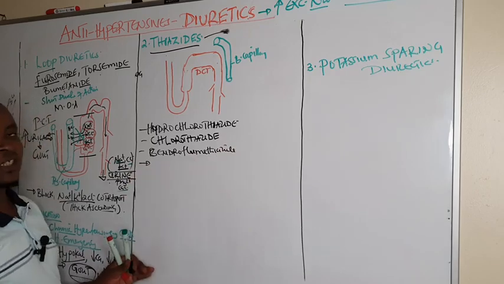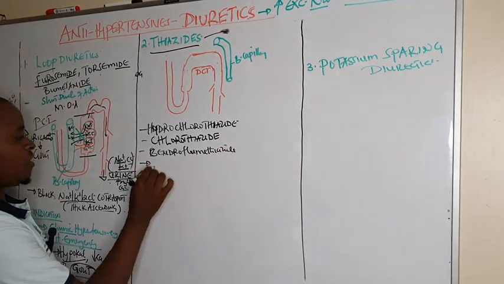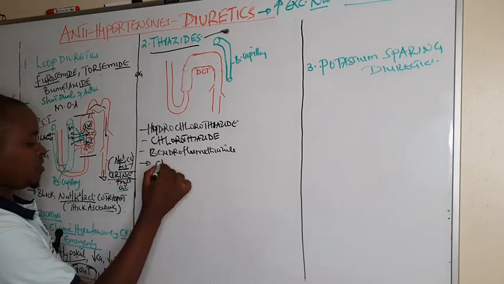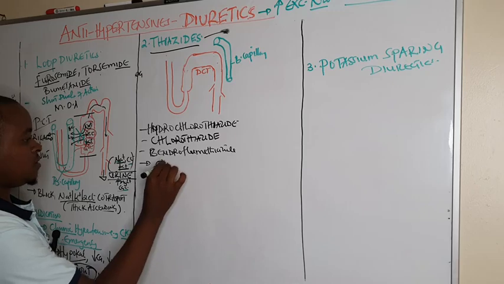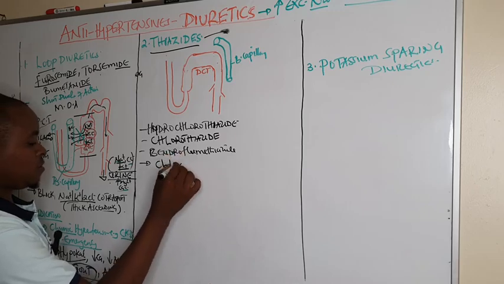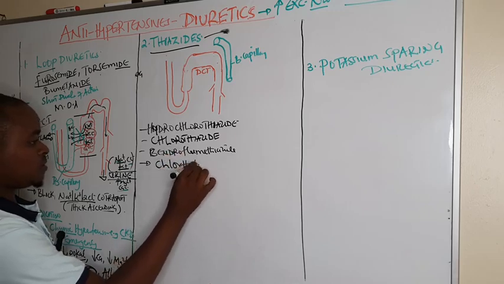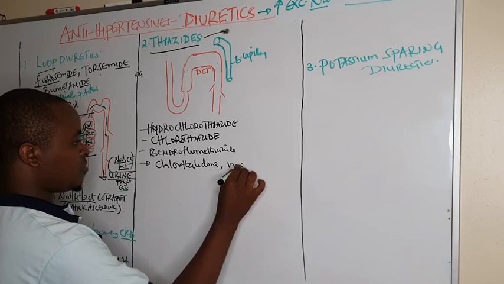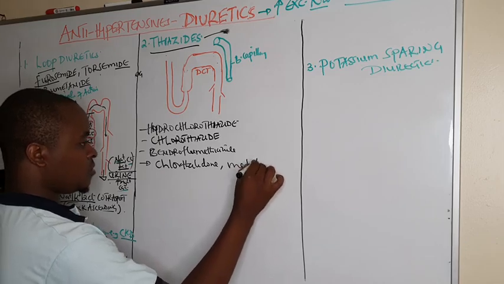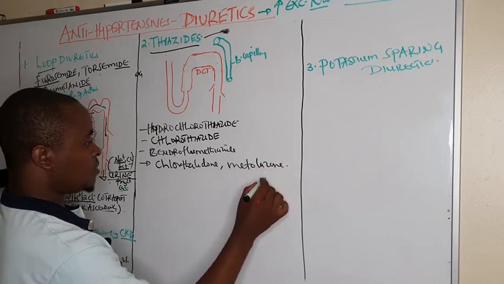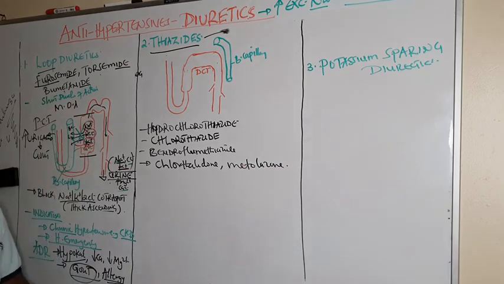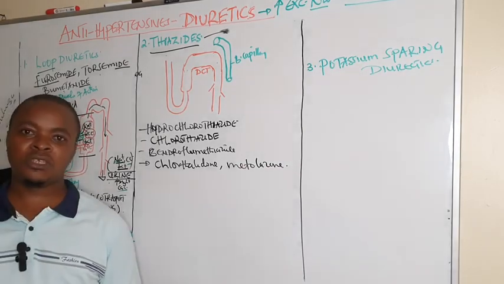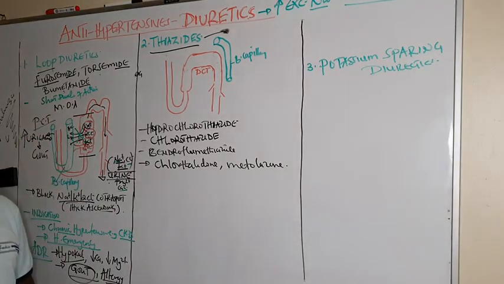Then those which are thiazide-like, we have chlorthalidone. Chlorthalidone is one of the examples, and another example we have is metolazone. So these are the examples of thiazides which we are using in hypertension.